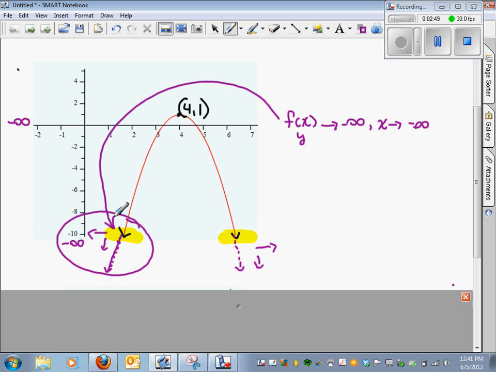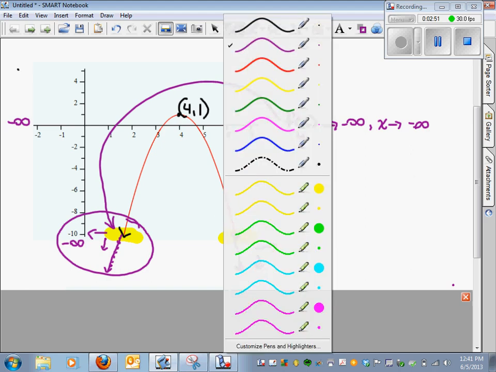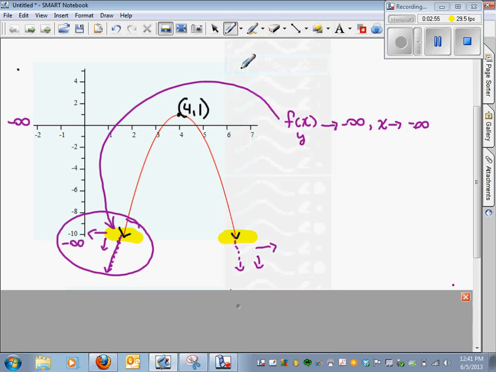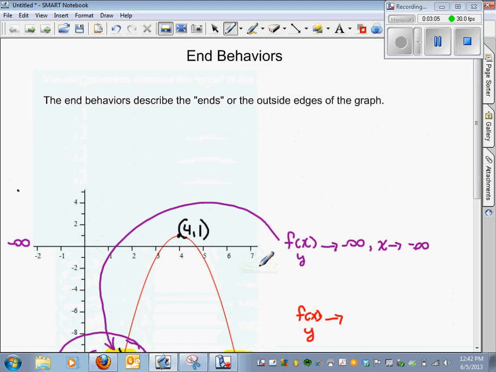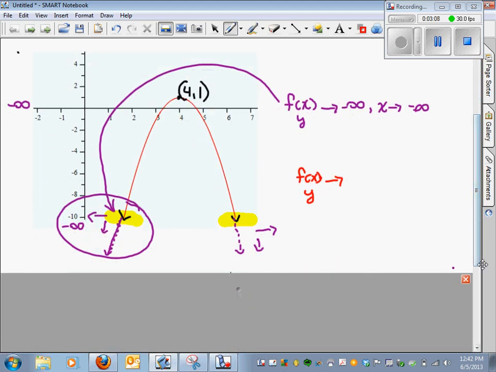The right-hand side end behavior, we think about the same way. Vertically, our f of x or our y is going to approach... This arrow is pointing down. When we go down, we head to negative infinity.